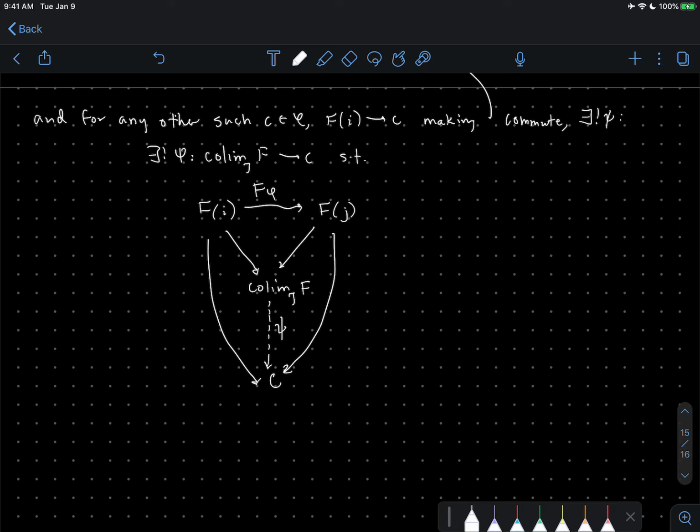So that's our C right there, such that that commutes, again, for all morphisms phi in the category I.